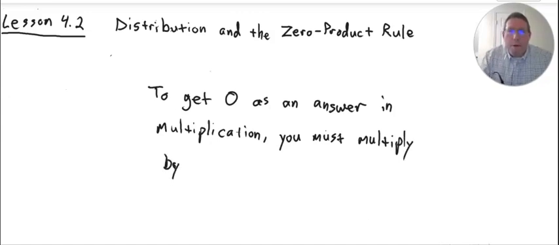Meaning, there is no other way to get 0 as an answer in multiplication except to multiply by 0. That's the only way you can get 0.